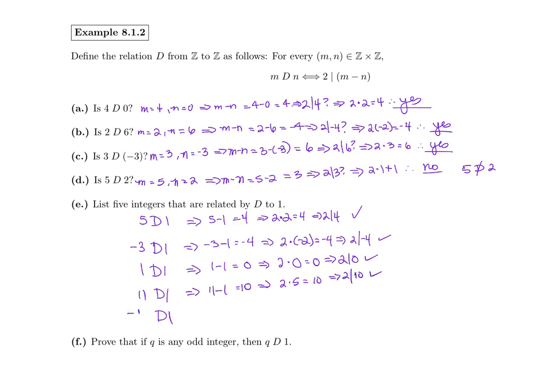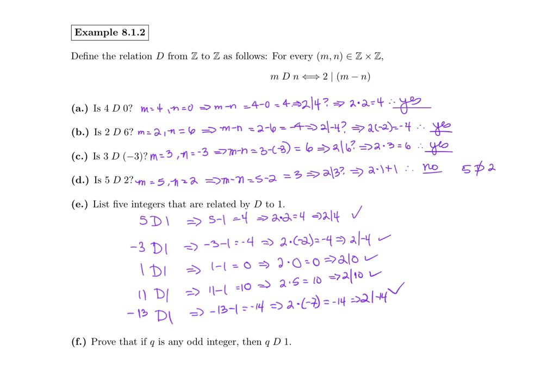And if we did negative, let's do -13. -13 minus 1 gives us -14. Well, that would be 2 times -7 to get -14. So 2 divides -14. So that's also a yes.